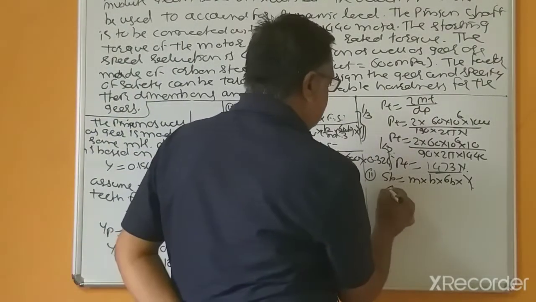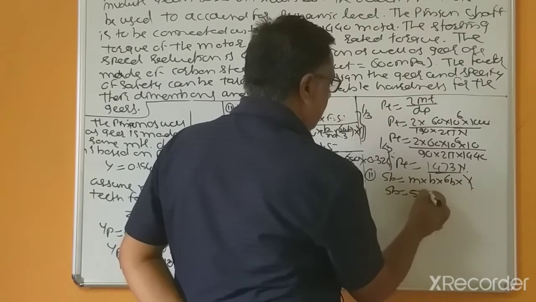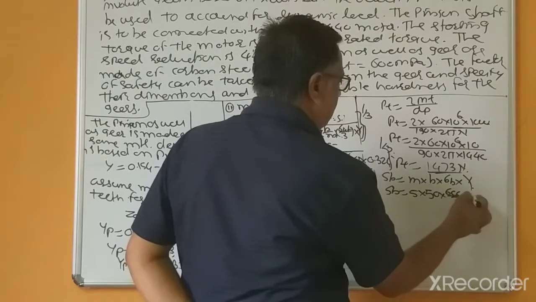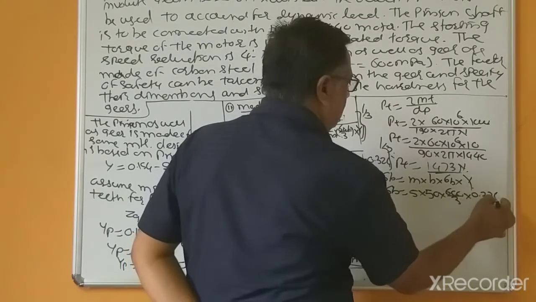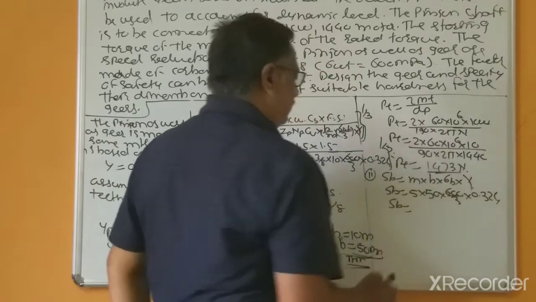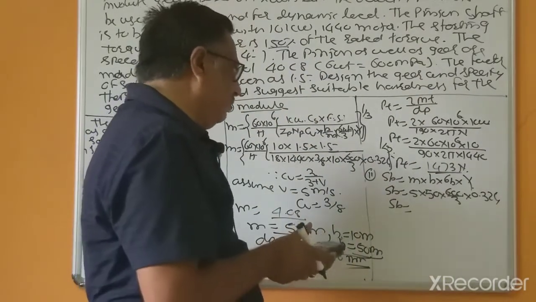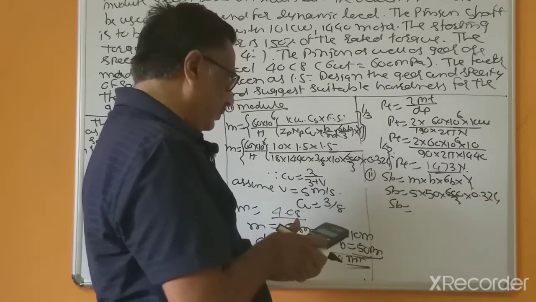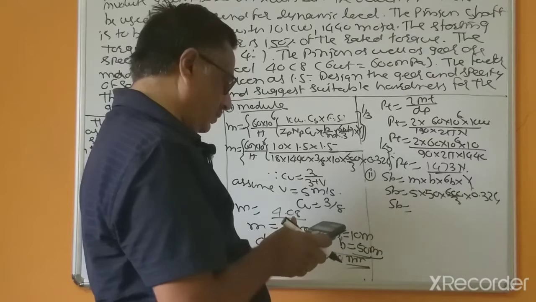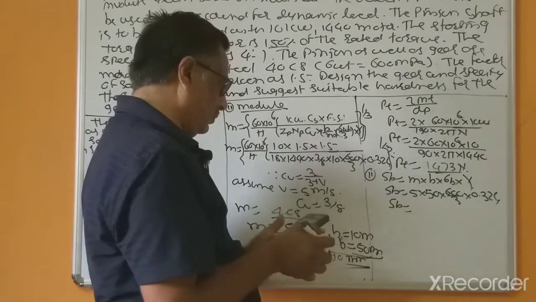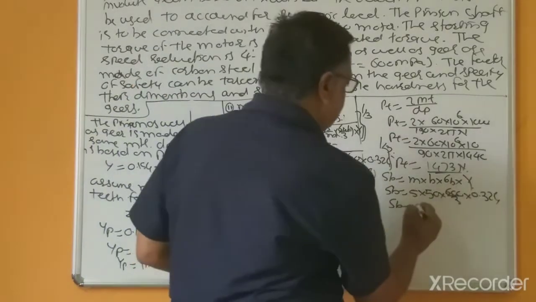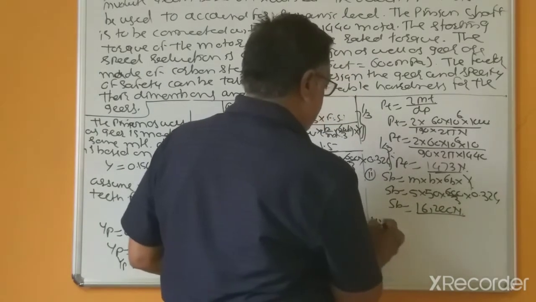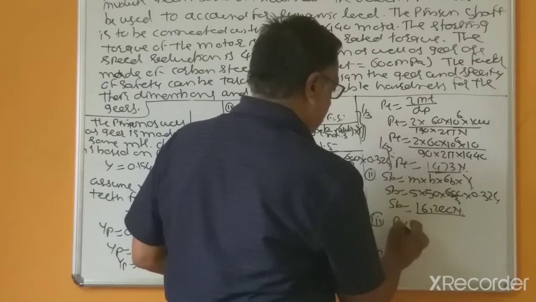So that's why beam strength equal to, this is 5, this is 50, this is 600 divided by 3, and this is 0.324. S_b equal to beam strength. So this is 16,200 Newton.